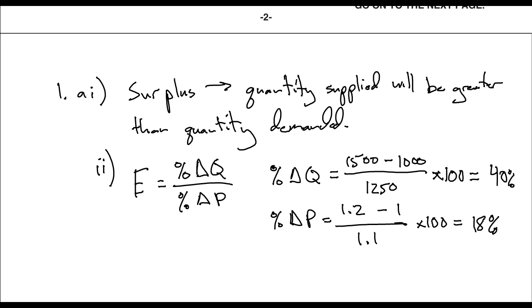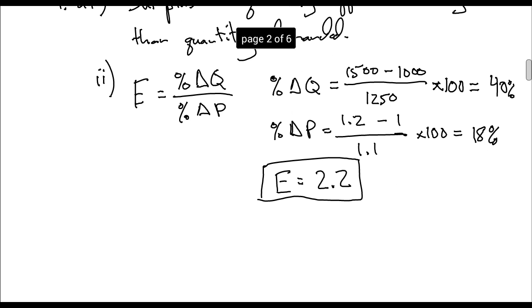So the 18 repeats. If I take then 40 divided by 18, I get my elasticity equals 2.2. There's my final answer.